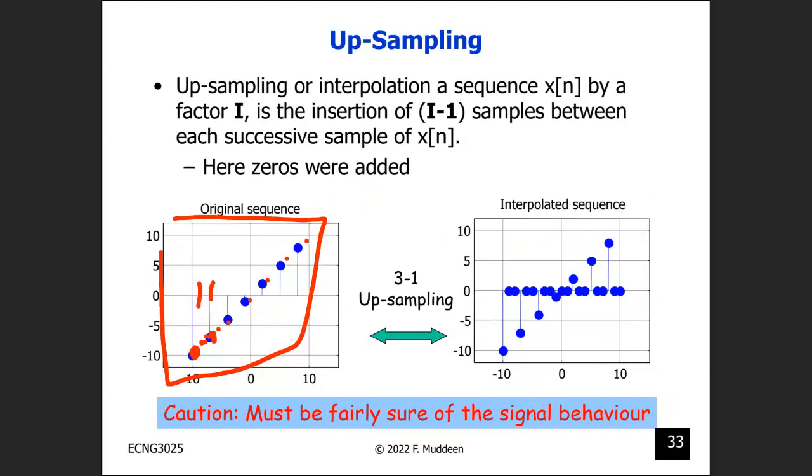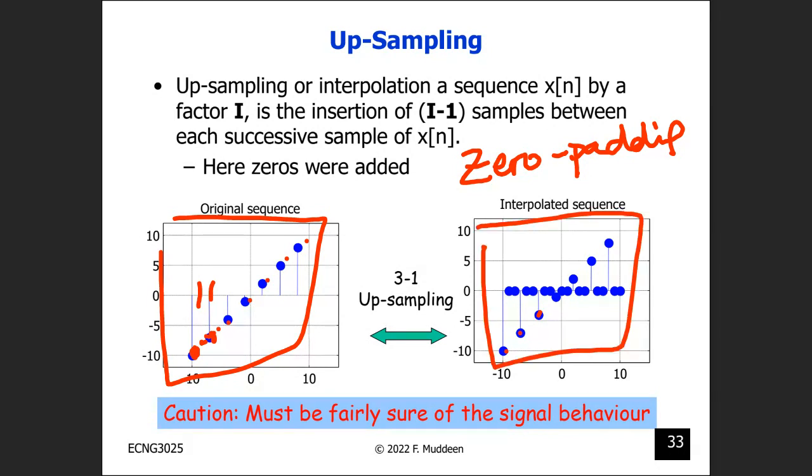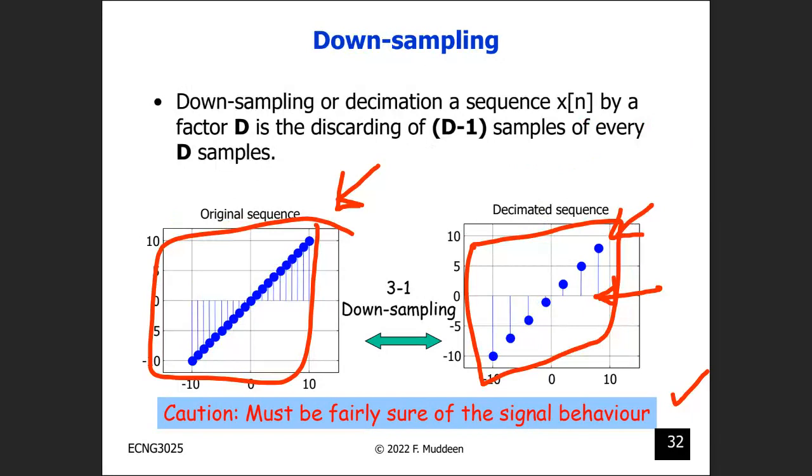If I'm not certain, what I could do is to interpolate zeros. So if I'm not too sure what was happening inside here, I could interpolate zeros in between here. This is called zero padding. And when we do the fast Fourier transform in a couple of weeks, you're going to see that this zero padding allows us to make this behave in the same way as this one.